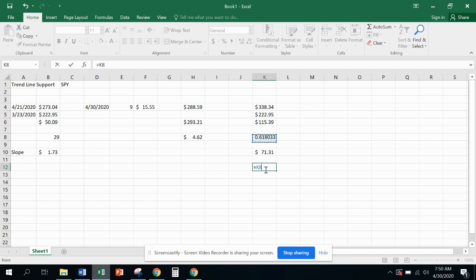So if I take the low of 222.95 and add it back, that means a 61.8% bounce off the low takes us to 294.26, and you can see we are almost there.